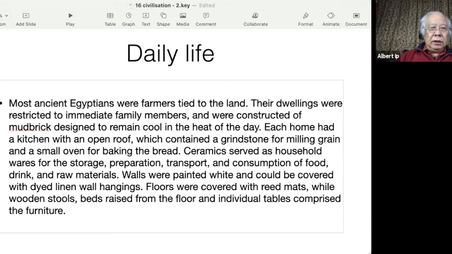And then the linens could be dyed white or have the color removed. Floors were covered by reed mats, while wooden stools, beds raised from the floor, and individual tables comprised the furniture. So it seems that their woodworking is quite good in this sense.